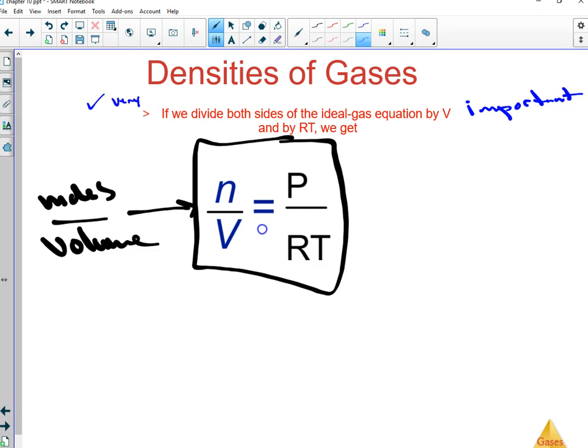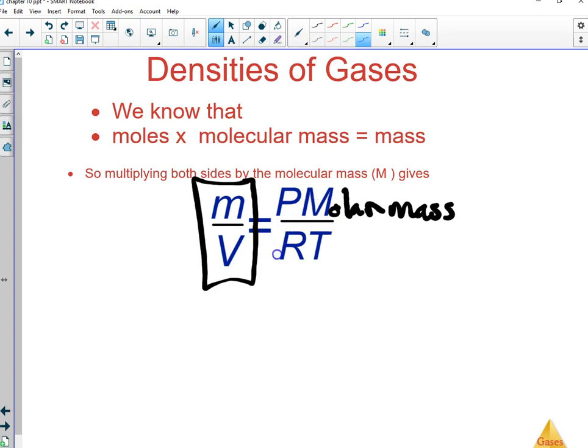If you'll notice, N over V is moles over volume, which is sort of close to density. So, moles over volume is now going to be equal to, that's an M, sorry. I didn't skip a slide, but it wasn't there. All right, so here we go. We know that moles times molecular mass is equal to mass. So if I have moles and I have grams per 1 mole, this cancels out. I'm just left with grams, right?